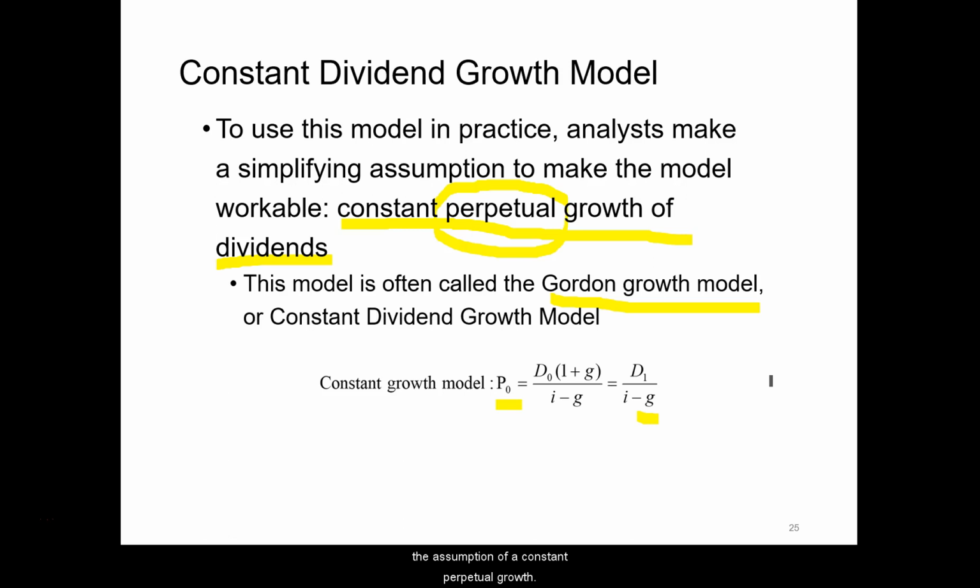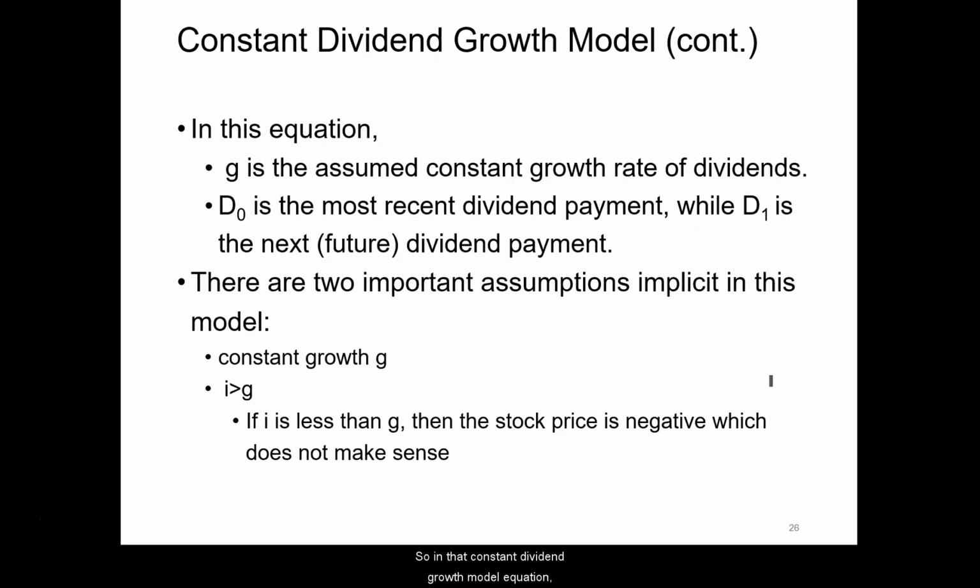if the dividends satisfy the assumption of a constant perpetual growth. So in that constant dividend growth model equation, again, g is the growth rate, and it's supposed to be constant and perpetual. D0 is the most recent dividend. It could be the dividend paid this morning, or yesterday, or earlier this week.